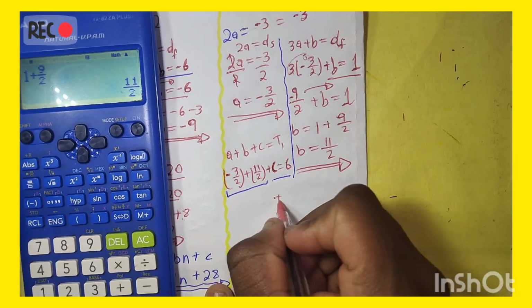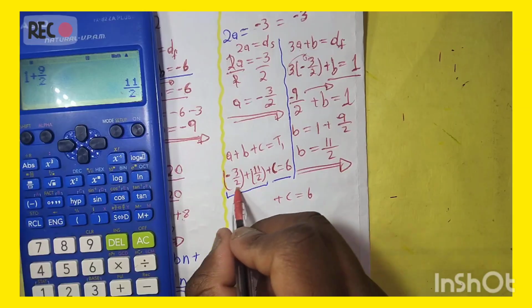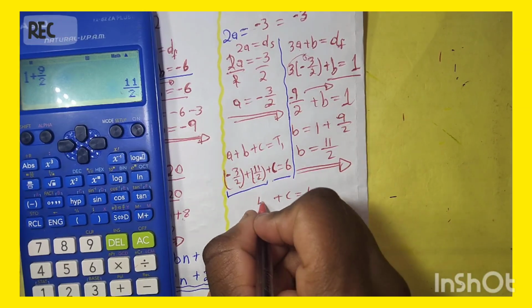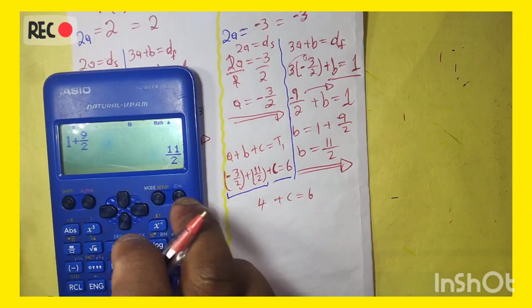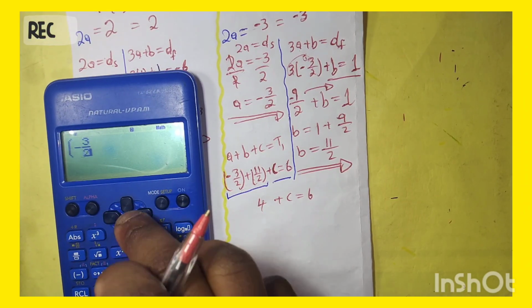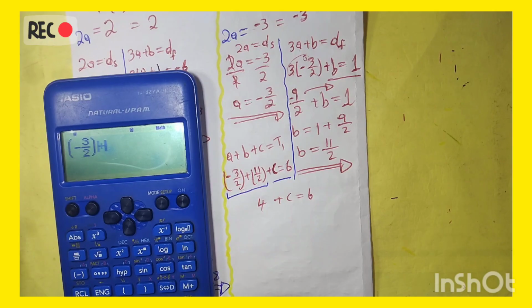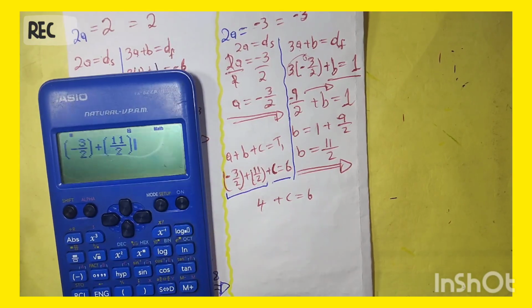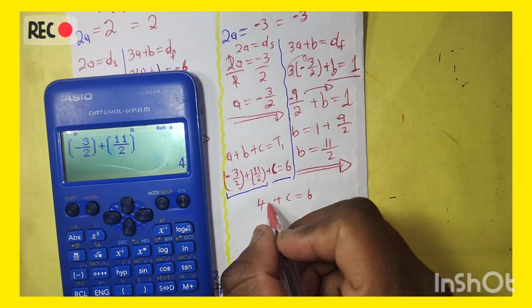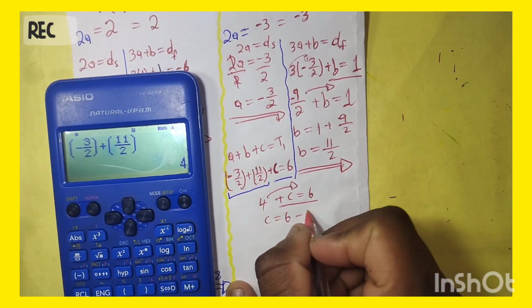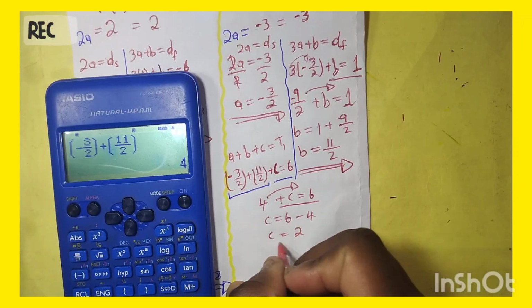Then if I simplify these two things, they are supposed to give 4. Let me just confirm my answer: plus 11/2, close. Yeah, they're supposed to give 4. Take this to the other side, drop this one. So C becomes 2.